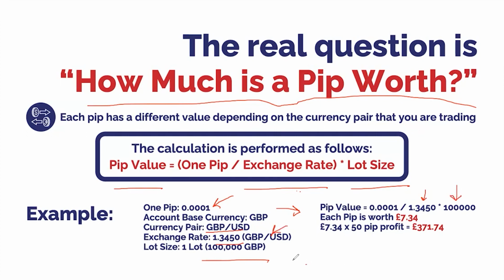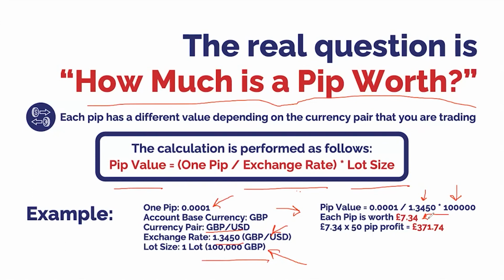And in this case, it's a standard lot, which is 100,000 units of base currency, which is sterling. And that gives us a pip worth of £7.34. So every time the price moves in a direction, it's either going to give us £7.34 or cost us £7.34, depending if we've gone long or gone short, and if we're in profit or out of profit.